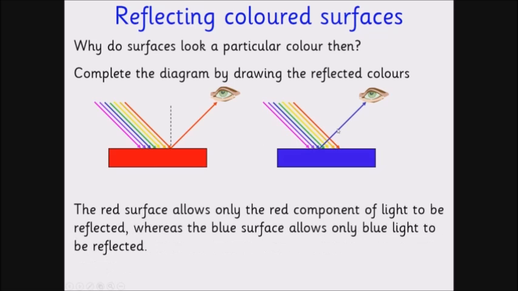So the red surface only allows the red components of the light to be reflected, and the blue surface only allows the blue light to be reflected. So when things are a particular colour, they are that colour because the surface is only reflecting that particular colour. In terms of filters, the only colour that goes through the filter is the colour of the filter. So just make sure you know and understand how reflecting and filtering works.